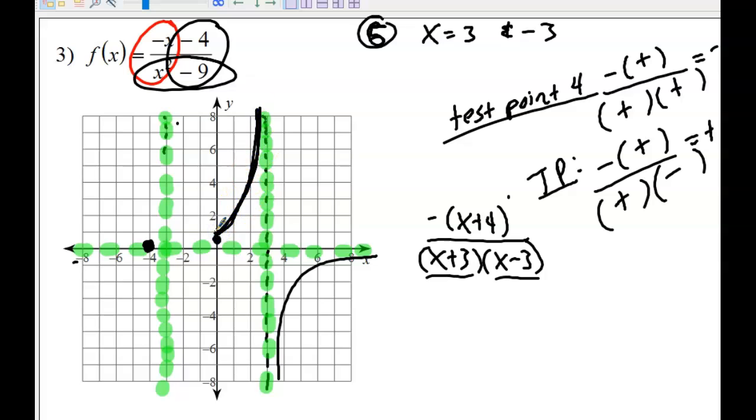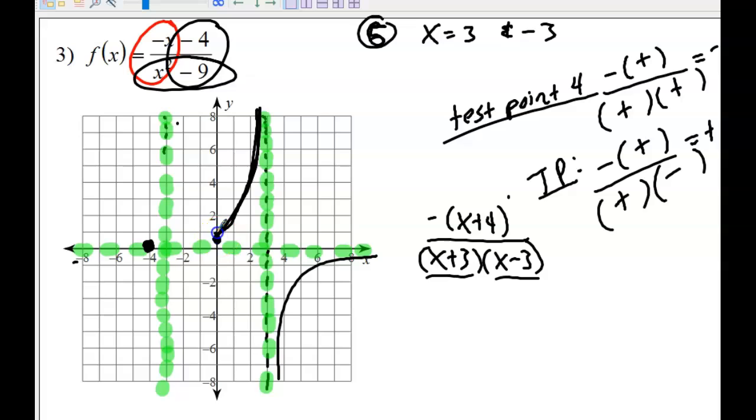Now the next question is, does it curve back up and stay positive, or does it curve down and go negative at that point? Actually, you know what? I think we know the answer to this. And actually, I didn't need to do test points at all here. It's the same rule we talked about last time. Remember I said it couldn't cross the x-axis again in that last problem we did? It can't cross the x-axis because are there any roots in here?